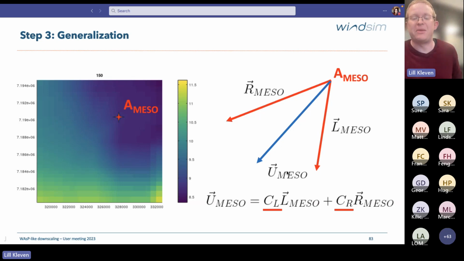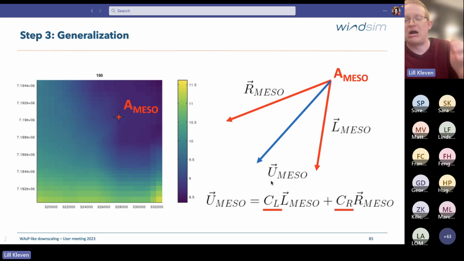And this is a time-dependent vector. So every half an hour at each mesoscale point, we get a new wind vector. And we want to represent that using the sector average mesoscale values as basis. So we want to use these as basis functions.